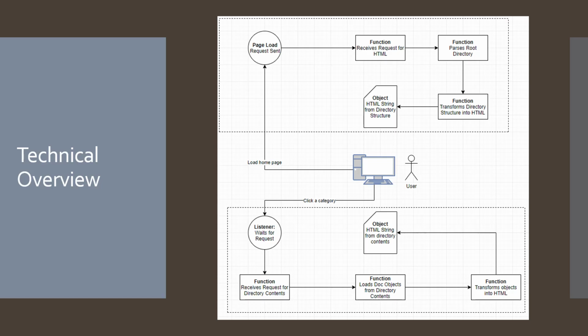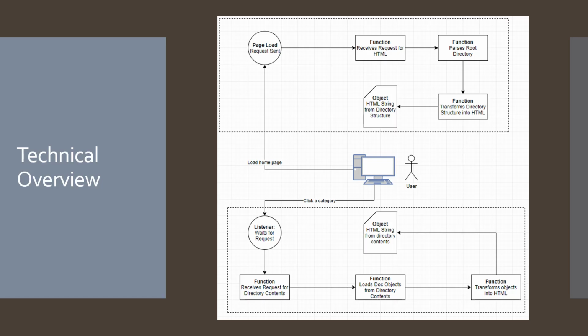The other little subsystem, you could say, is the functionality that turns the directory structure files into a list of articles in that category. So a user will click on a category and want to see a list of articles under that category, and that's what this bottom subsystem is demonstrating.